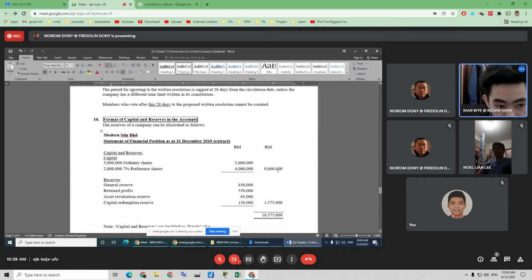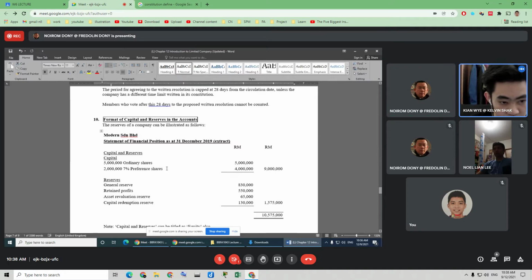Why 4 million? Probably the price of one share is 2 ringgit. So 2 million times 2 ringgit is 4 million. The left is just the number of shares, not the price, because just now the note says nominal value has been abolished, so that's why it is not stated here.